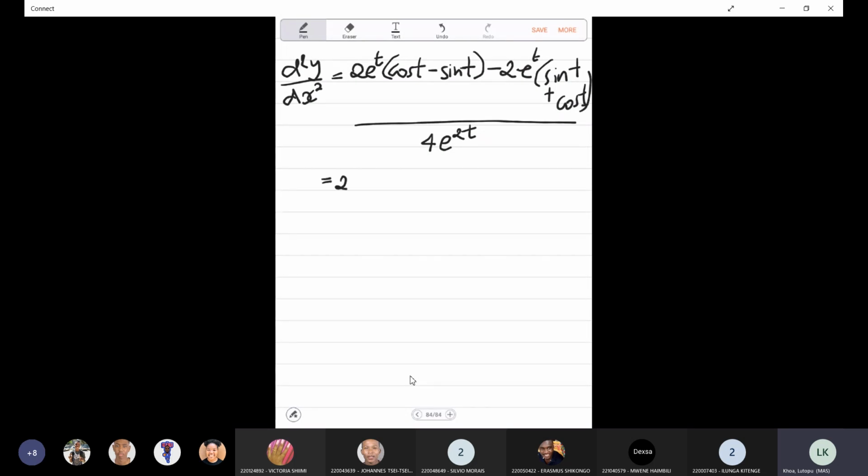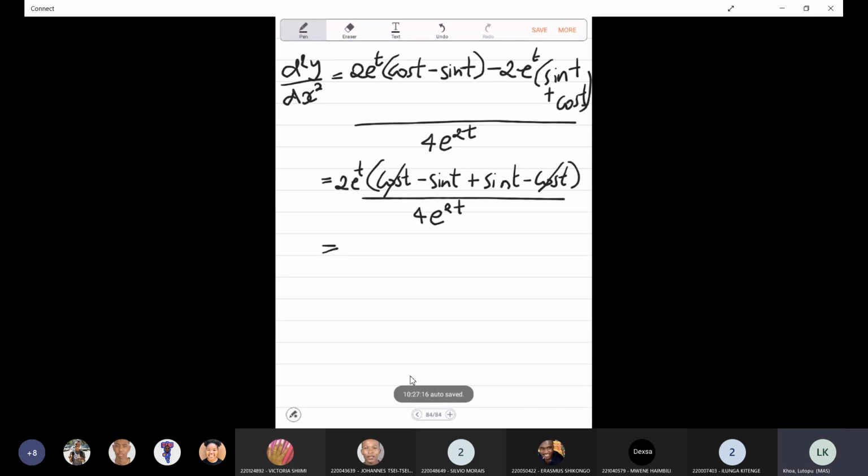So this is 2e to the power of t, then you're left with cos t minus sine t plus sine t minus cos t, over 4e to the power of 2t. So the cos t's will cancel. Here we're getting 0. Did I do this correctly?